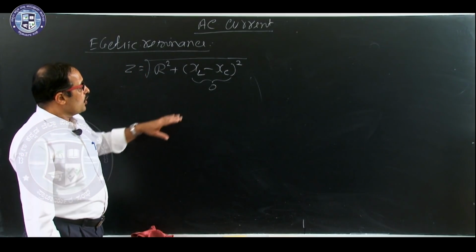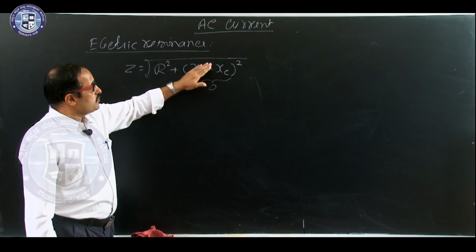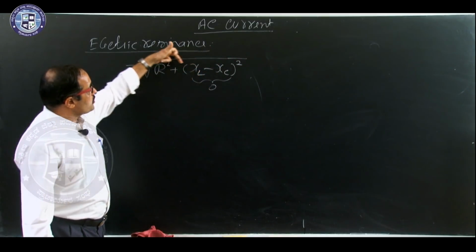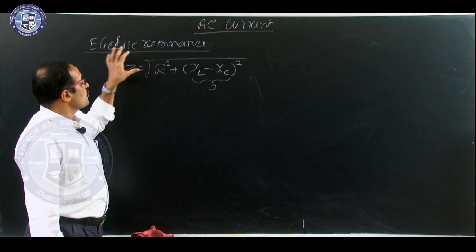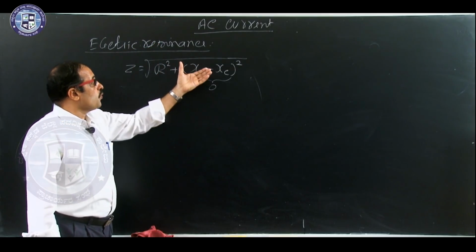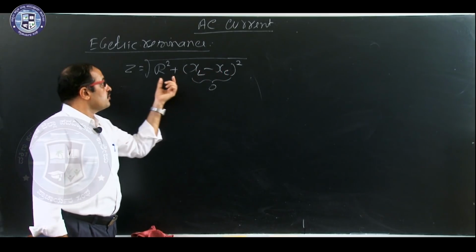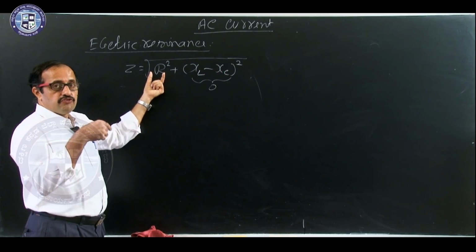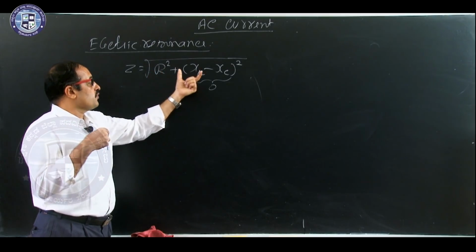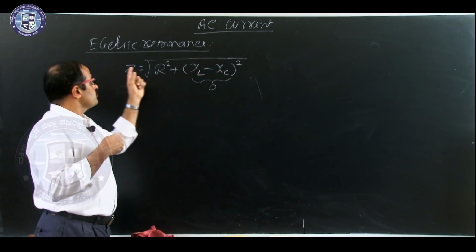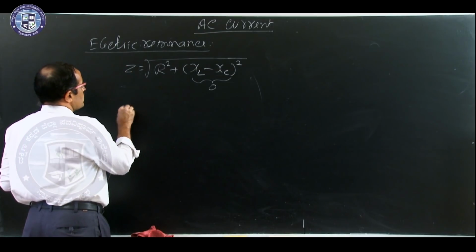The reason is, whether it is positive or negative, the square is always positive, and it is added to R square. Therefore, Z becomes a minimum only when the second term is 0. R cannot be 0 because it is the resistance of the circuit. It has got a finite value.